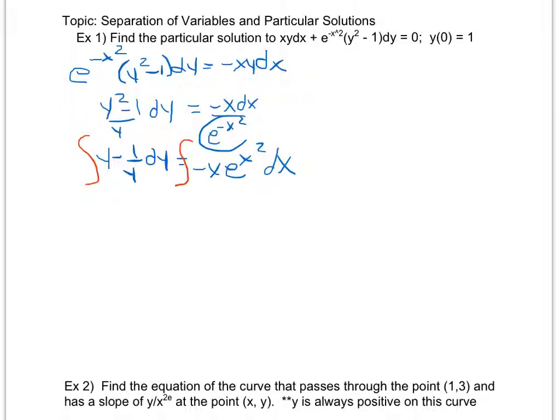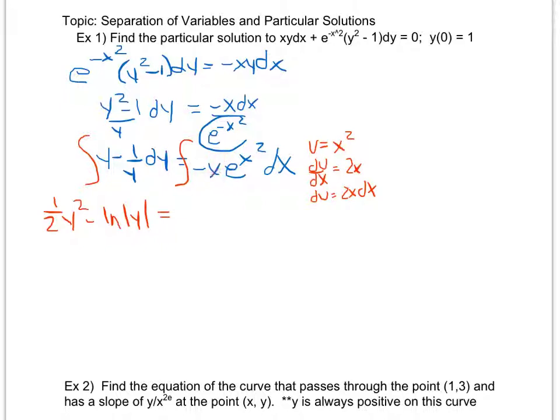Integrating this, y becomes 1/2 y squared, minus 1 over y, which is going to be minus ln of the absolute value of y, equals... over here, I'm going to have to use u substitution. I'm going to let u equal x squared, and then du/dx equals 2x, so du is just 2x dx.